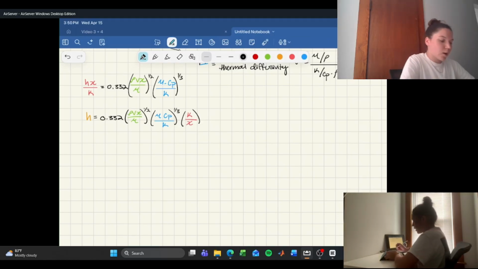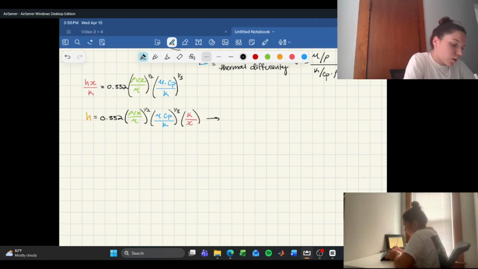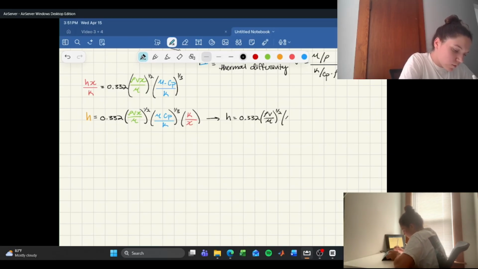Okay, and now we can simplify and we get this finalized equation where the convective heat transfer coefficient is going to be equal to 0.332 times density times velocity over viscosity to the 1/2 power, times viscosity times heat capacity to the 1/3, times the thermal conductivity to the 2/3, and the length is going to be to the negative 1/2 power.